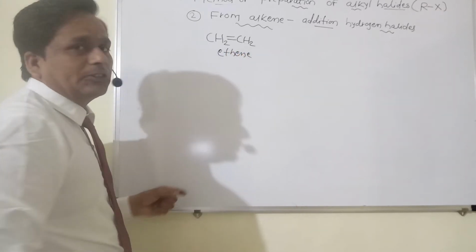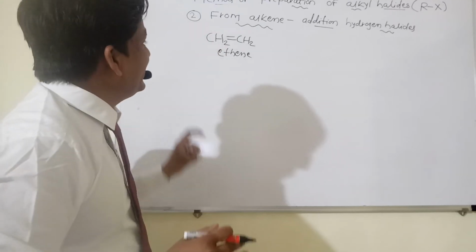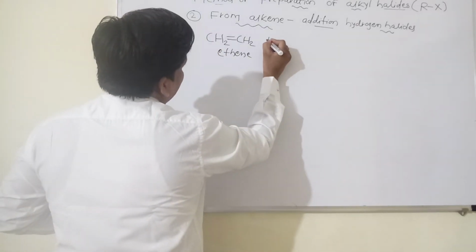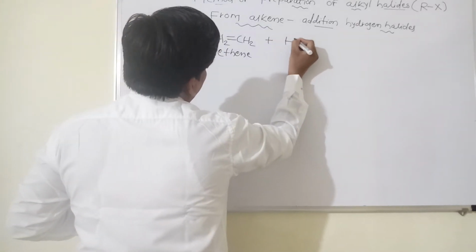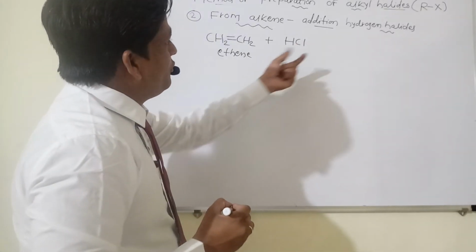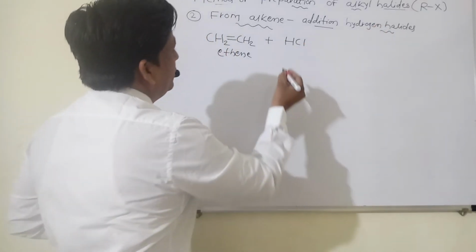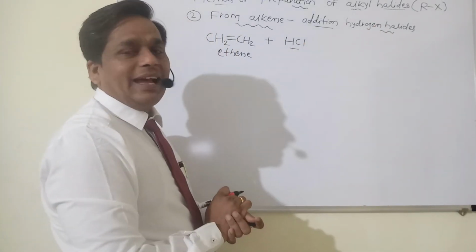Have we clear this structure? CH2 double bond CH2, that is ethene. It can react with hydrochloric acid, HCl, by addition of hydrogen halides. Hydrogen halide means halogens. So here we can use hydrochloric acid.